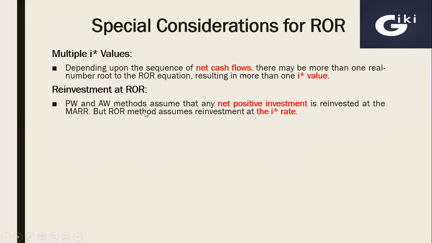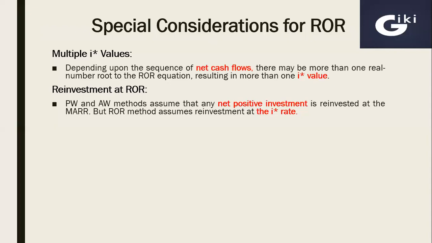But in the case of the rate of return method, we assume that this additional amount of reinvestment must give us a return equal to the rate of return. So this is what we mean by reinvestment at rate of return.